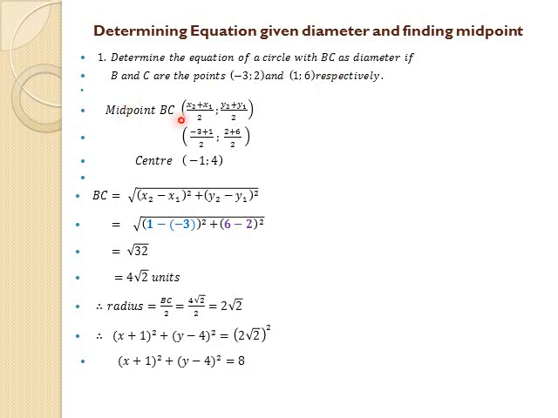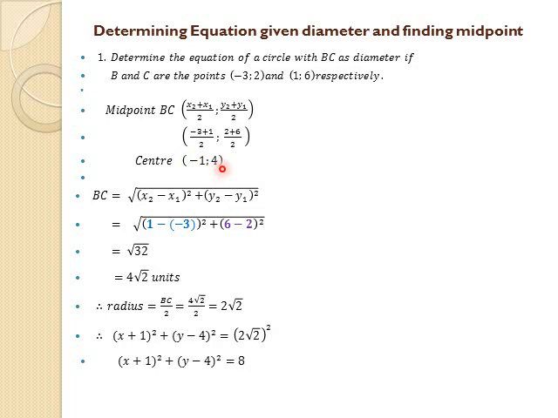So for midpoint BC, I'm going to say (x1 + x2)/2, (y1 + y2)/2. So (-3 + 1)/2, (2 + 6)/2. That gives me -2/2, which becomes -1, and 2 + 6 is 8, divided by 2 is 4. So the circle is centered at (-1, 4).